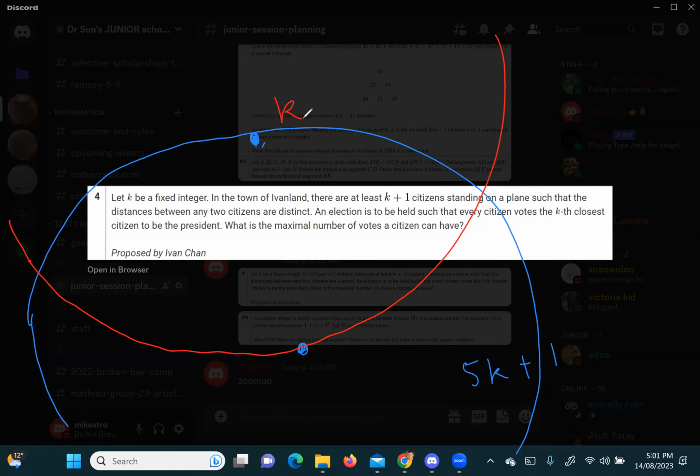So I made the claim that there are K voters in here, okay? It's not actually true, right? Because they could be non-voters, right? So then what I'm actually trying to claim is that there's at most K voters in here, right? Does that make sense?